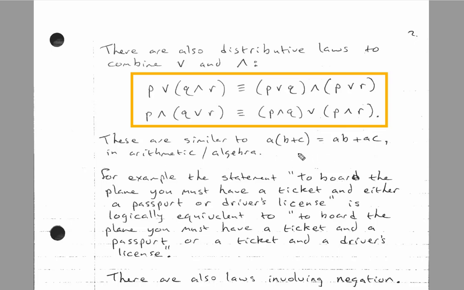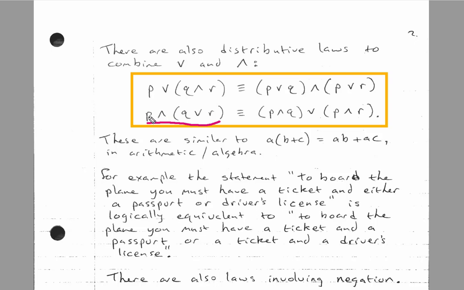So an example in English. So let's look at this statement. So to board the plane, you must have a ticket and either a passport or a driver's license. Alright, so this is like a domestic flight. So that's similar to this situation.